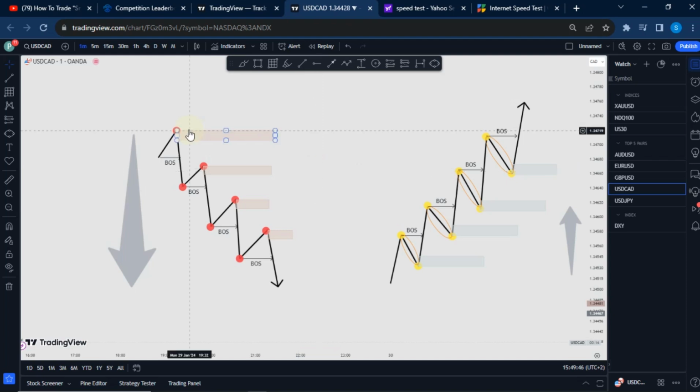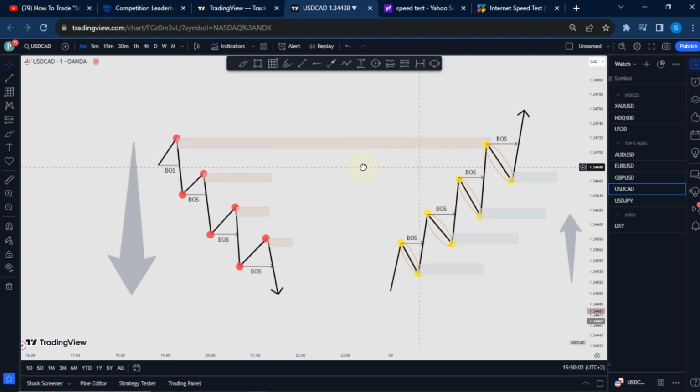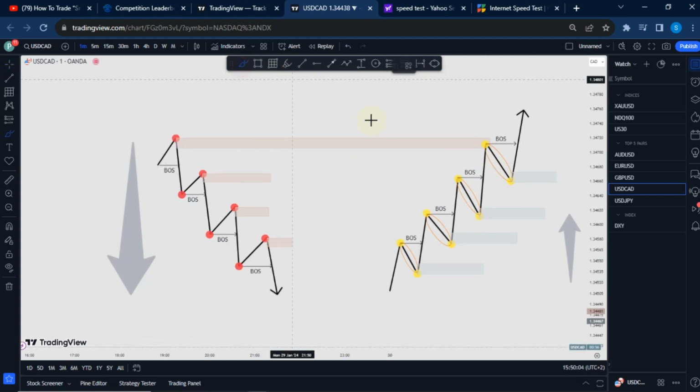For example, looking at this one here, this high that caused the break of structure here now becomes what? Our supply. Later on price will come to this supply, and once it comes to that supply, that's when we look for trades.